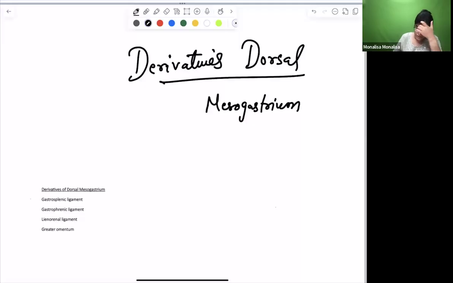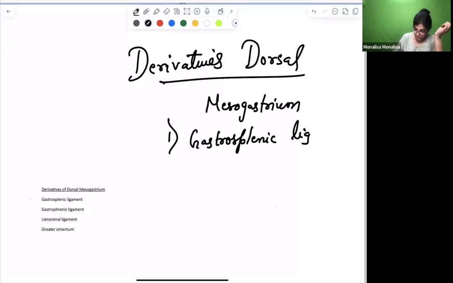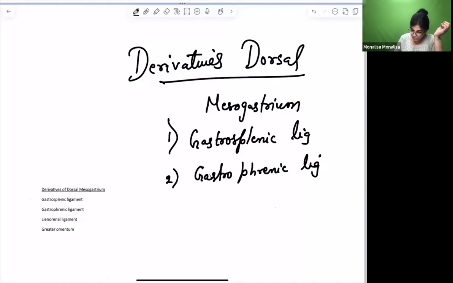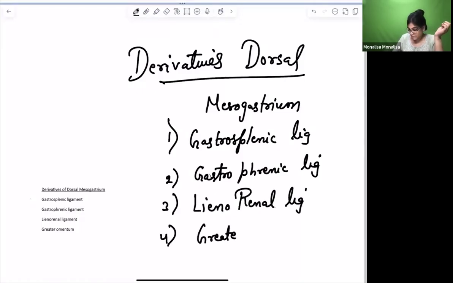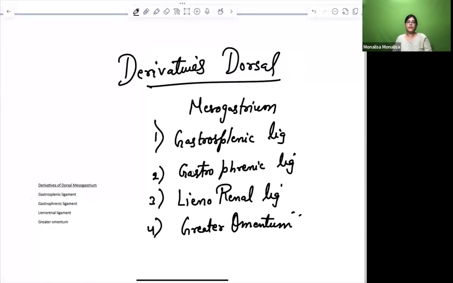Derivatives of dorsal mesogastrium are gastrosplenic ligament, gastrophrenic ligament, splenorenal ligament, and greater omentum.